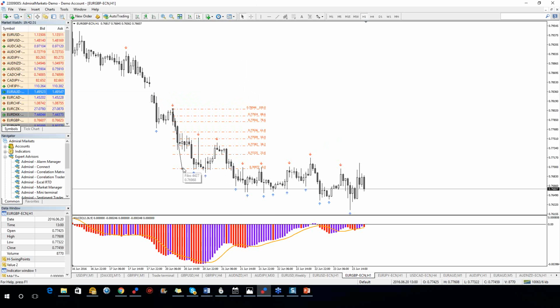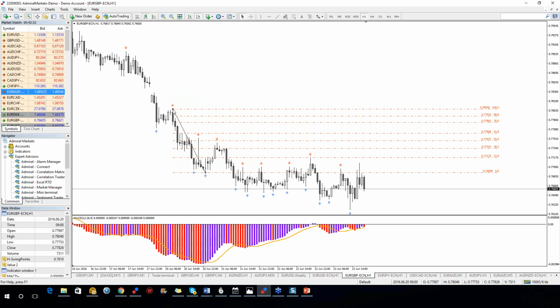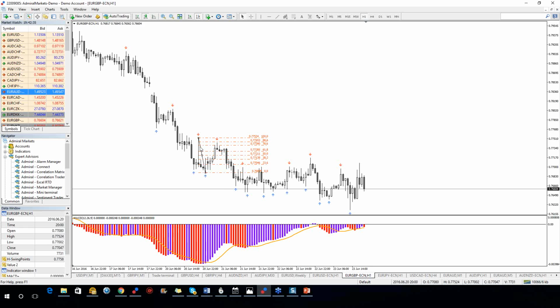So for the next example, I think it will show you the entry. Swing high, swing low here. Okay, swing high, swing low here. Watch this. And where did MACD signal your entry? Exactly, guys, at this spot.